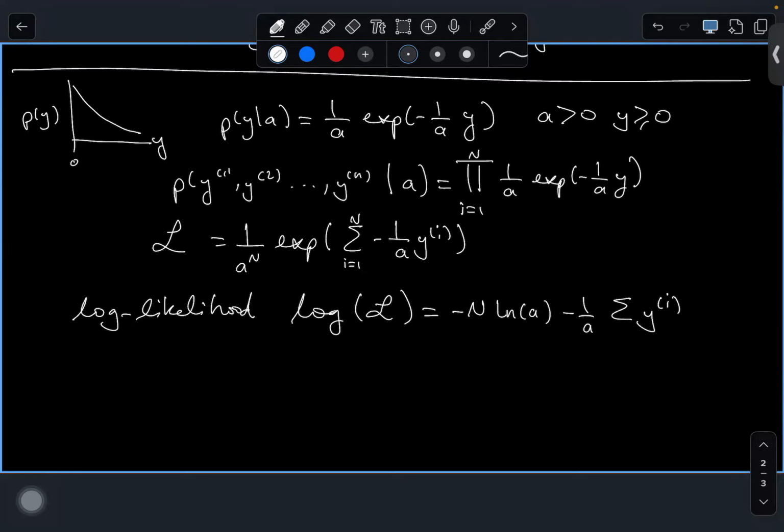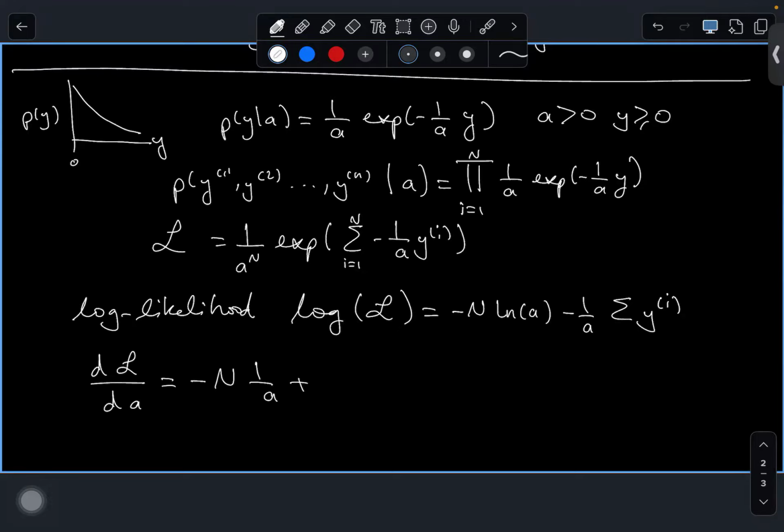All right, so I want to find A that maximizes this. What I'm going to do is find the derivative of this log with respect to A. And the derivative of a log of something is 1 over that something times the derivative of the inside of the log. So I have minus n times log of A. The derivative of that is minus n times 1 over A, plus I have this minus 1 over A sum of yi. I want to find this derivative.